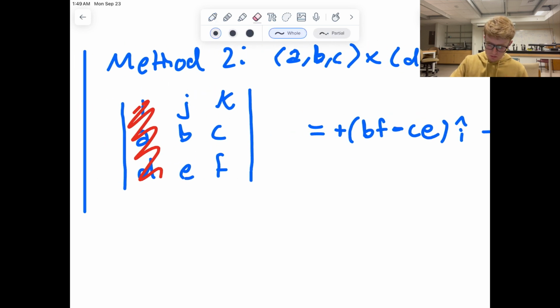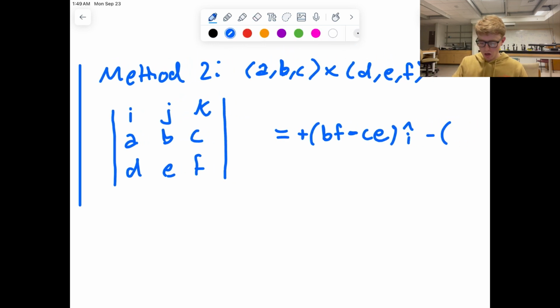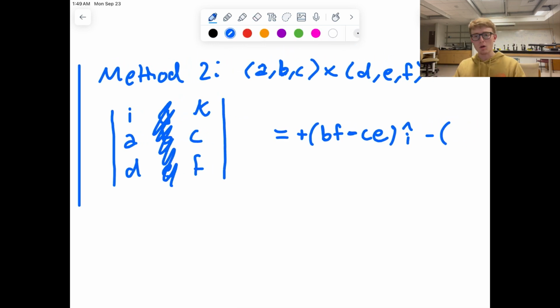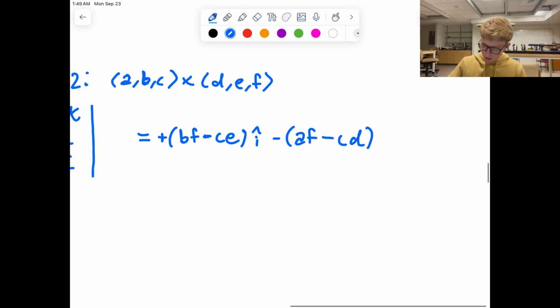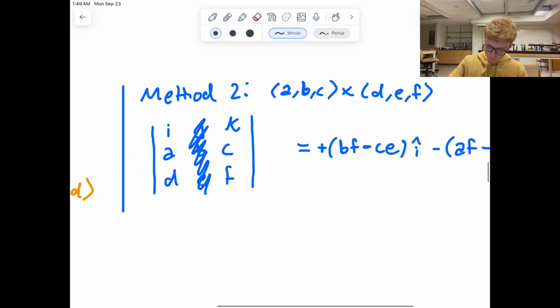So let's reset. Now we're going to cover this J column and cross the columns that are left. So we're going to have A times F minus C times D. And that'll be J hat. Last one, we're going to flip back to positive. Let's reset.